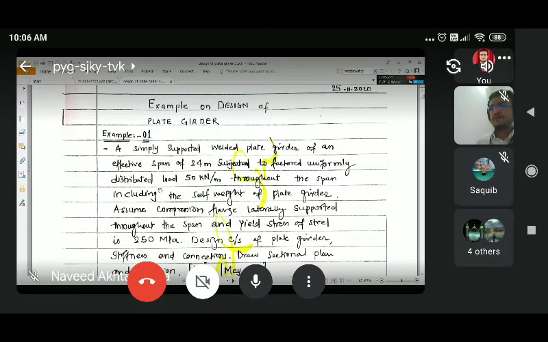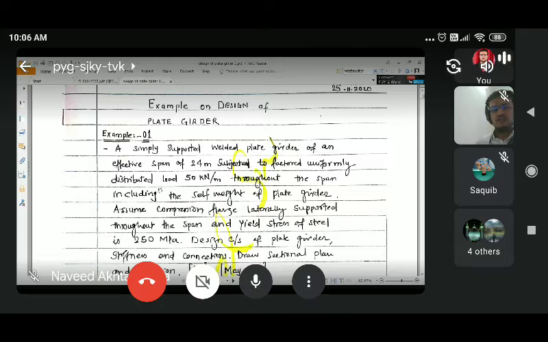We'll see one example, and then another example I will share with you. You will do your own, and you also have to do the mini project in design of plate girder. These lectures are very important and you should attend all the lectures to understand the design of the plate girder.